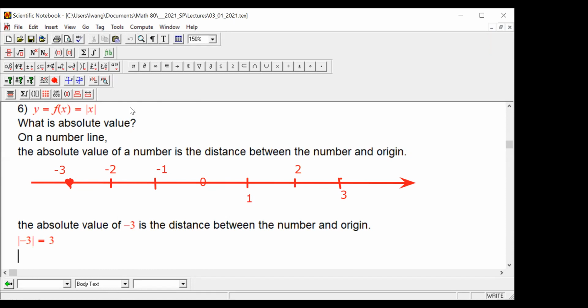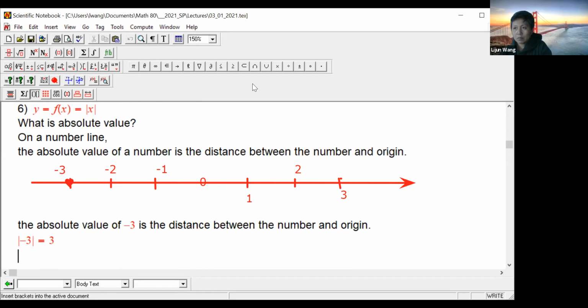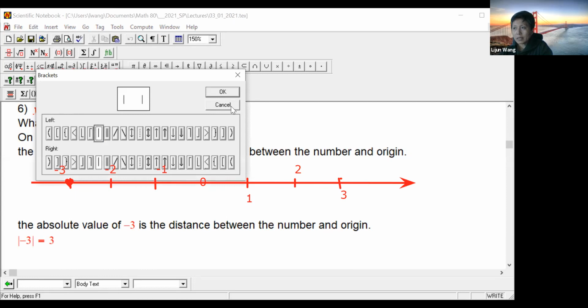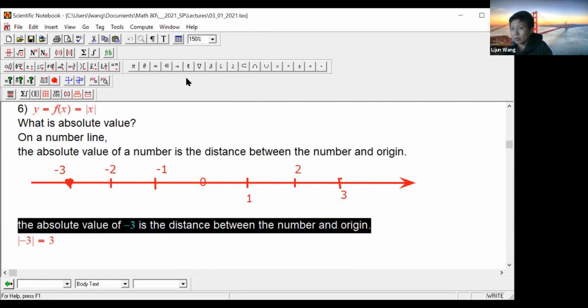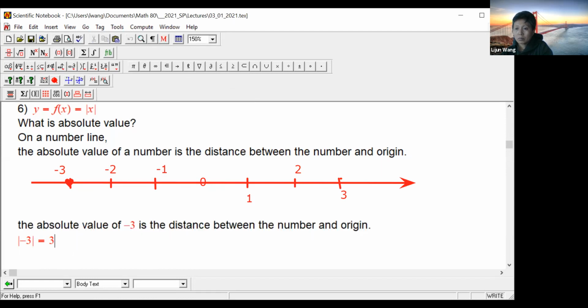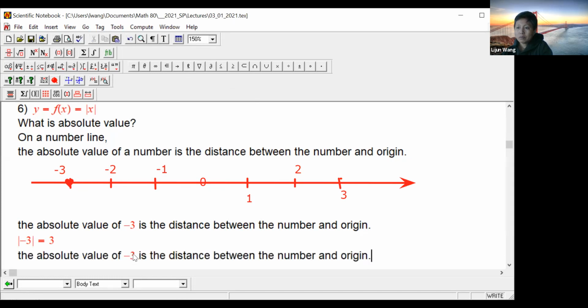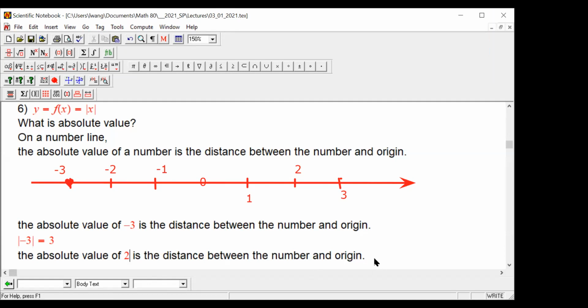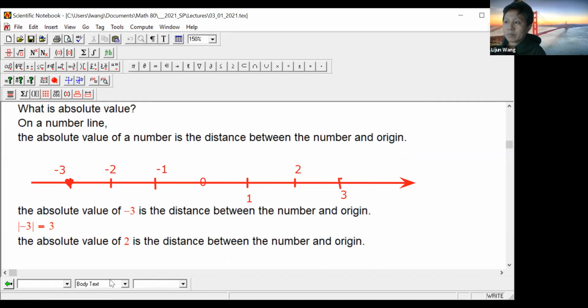Yes, Professor. Okay, so next, what is the absolute value of 2? 2. It is the distance between 2 and the origin. They have the same reference point to measure from, and we don't care about which direction. We just want to know how far apart, right?